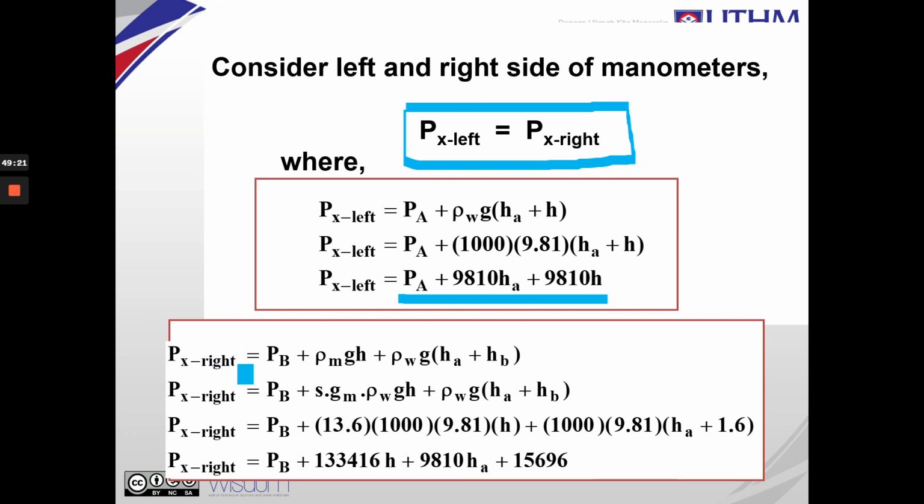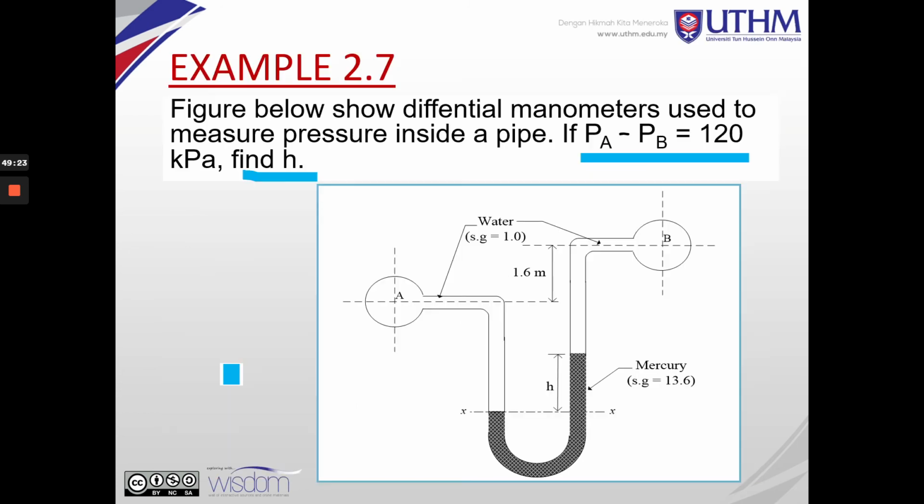Now look at the pressure on the right. We have PB plus the pressure from the water here and the pressure from the mercury here, which has 1.6 meter.